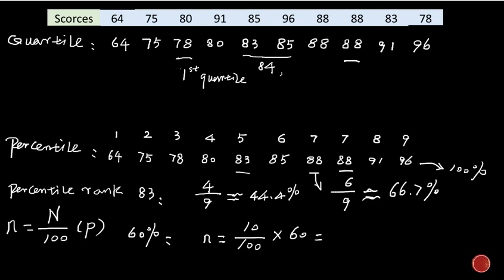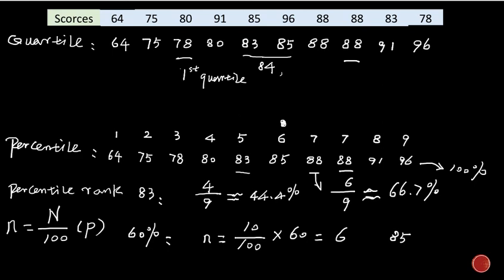Actually, we got 6 here. The position, n, is the ordinal number, the position. So which number falls into this position? 85.